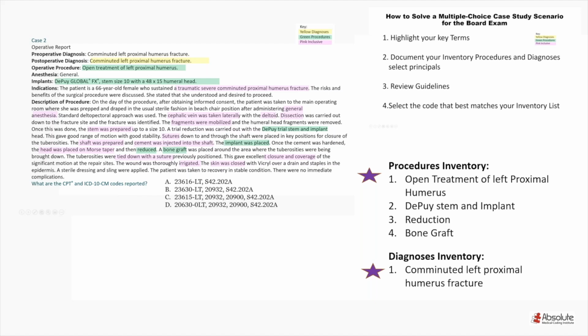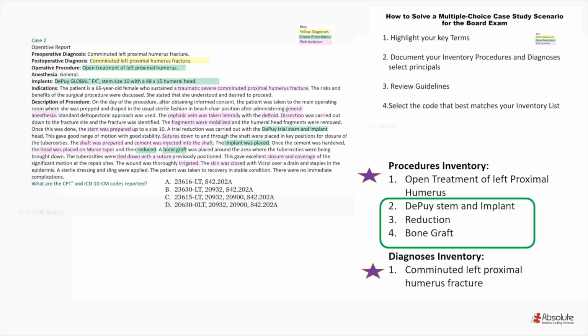Everybody with me? Now, let's look at this DePi stem and implant and reduction and bone graft. Well, we know that a reduction is pretty much manipulation, the doctor putting that bone back into place.